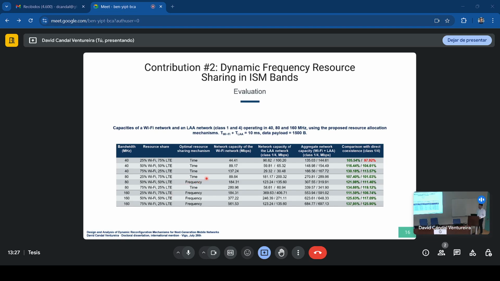And therefore, the frequency approach, which splits the channel in frequency and creates a channel of 40 megahertz bandwidth, performs better.